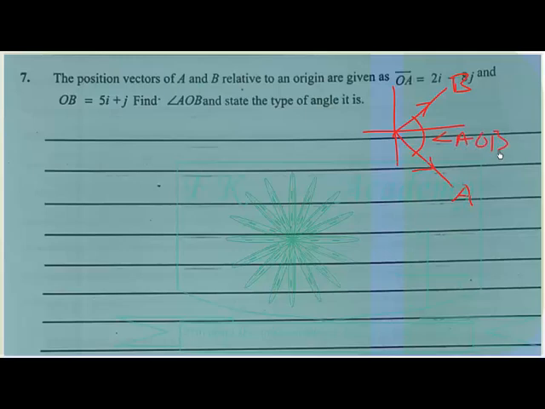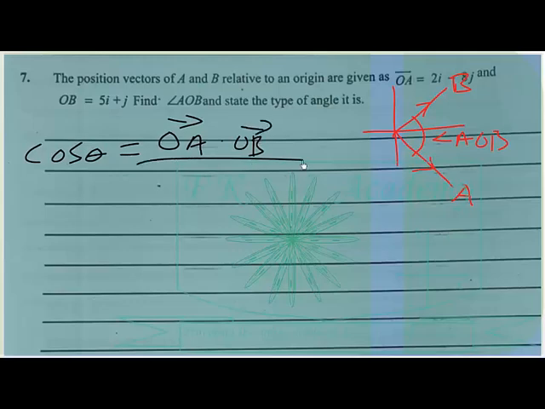So this angle, we can calculate it using the angle between two lines, and that is given by cos theta. Cos theta is equal to vector OA dot vector OB, all over magnitude of vector OA times magnitude of vector OB.